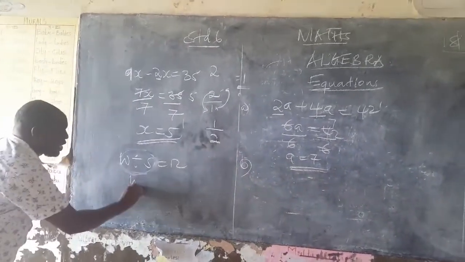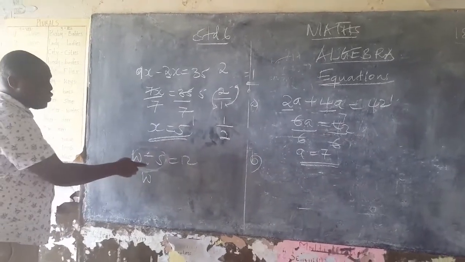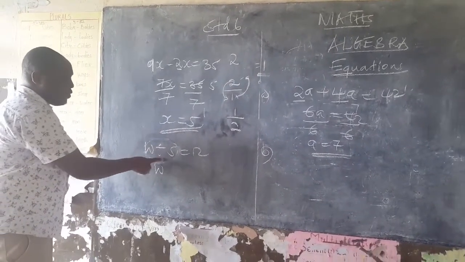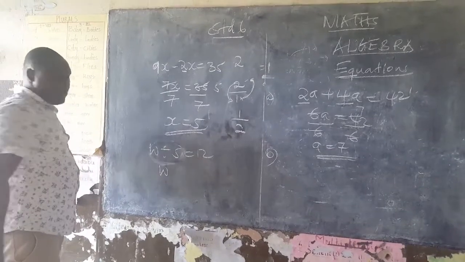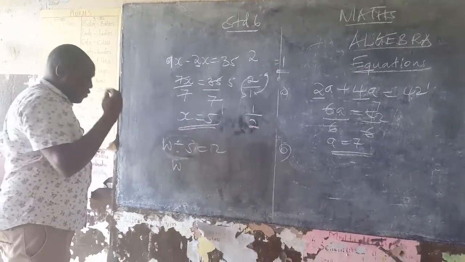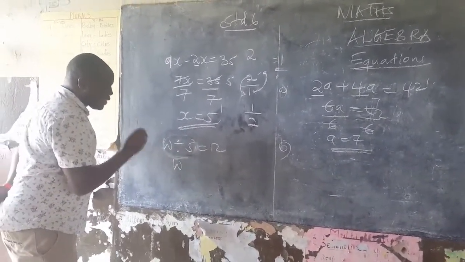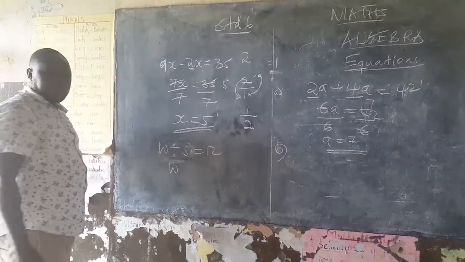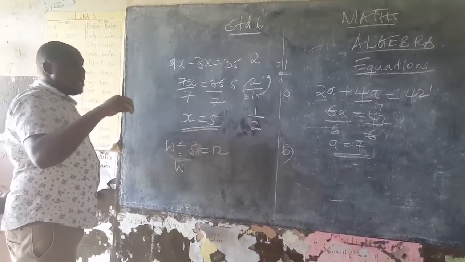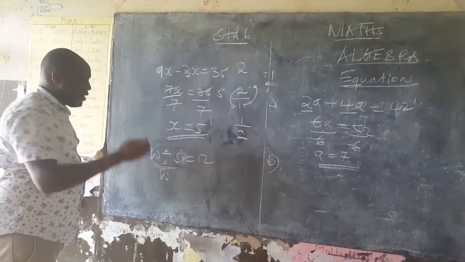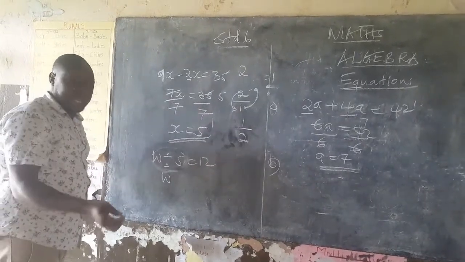So this is going to be W, and then we will not use this type of division. But for the reciprocal one, we say, now we want to change this sign to multiplication. Reciprocal enables us to change a sign from division to a multiplication sign. How?